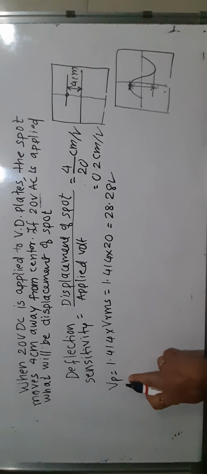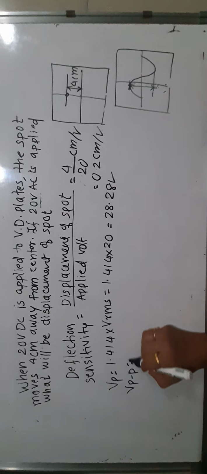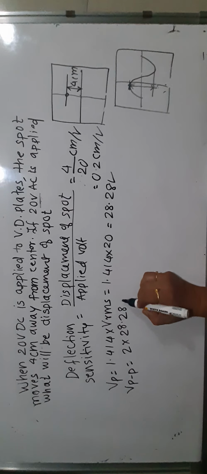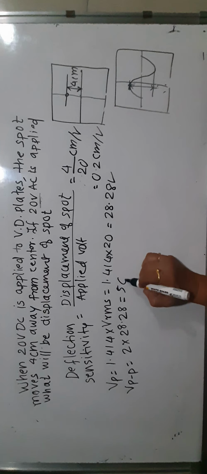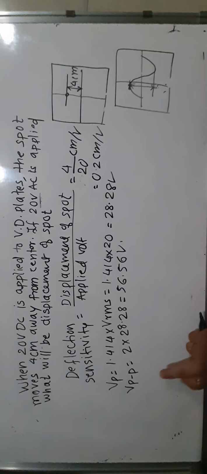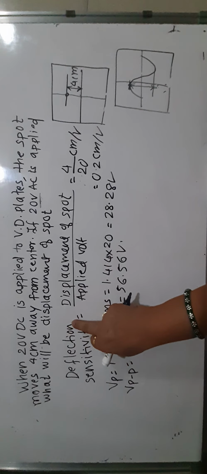Now we have to convert peak into peak to peak. V peak to peak equal to 2 into 28.28, equal to 56.56 volt. Now we know the peak to peak voltage. Now we know the deflection sensitivity.